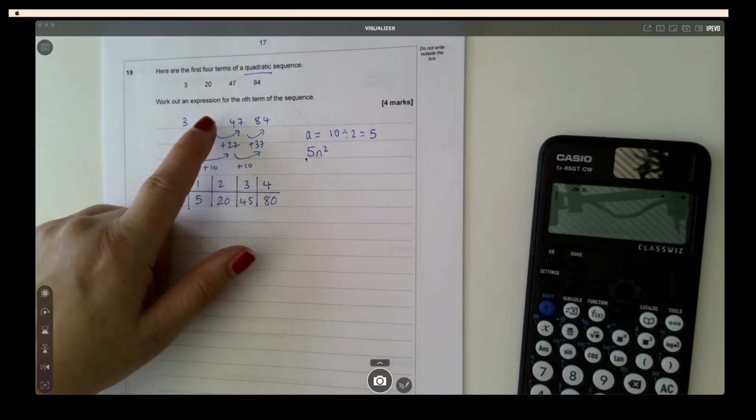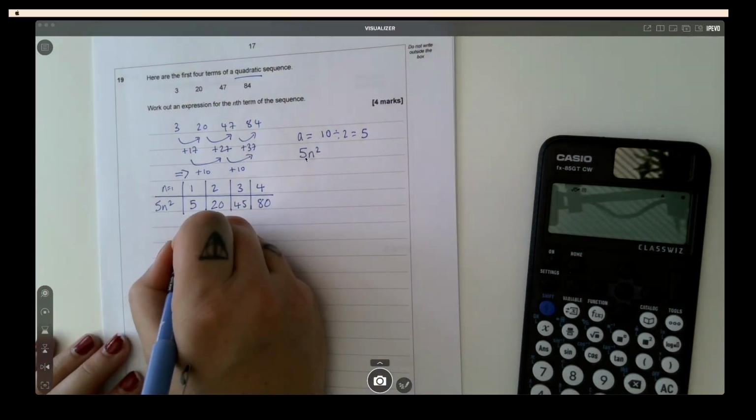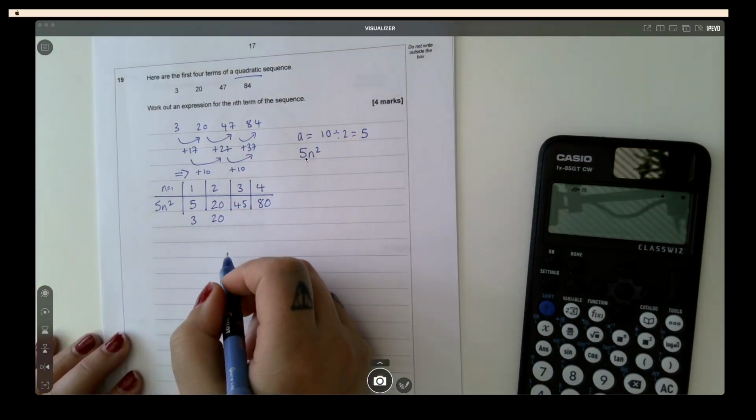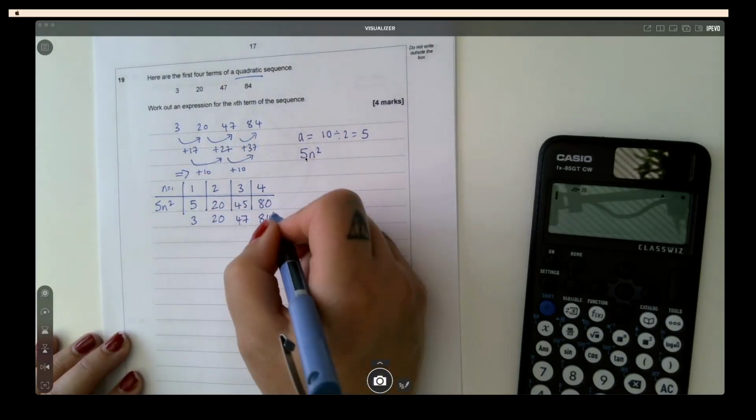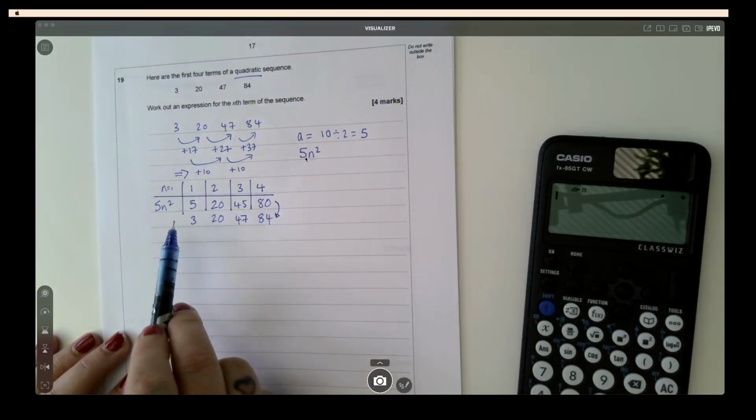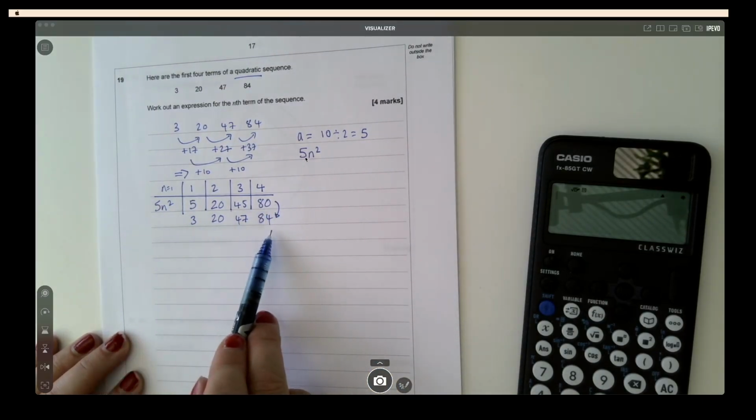So I'm going to write this sequence underneath here now. We've got 3, 20, 47 and 84. And I'm going to compare what happens to get from here to here.